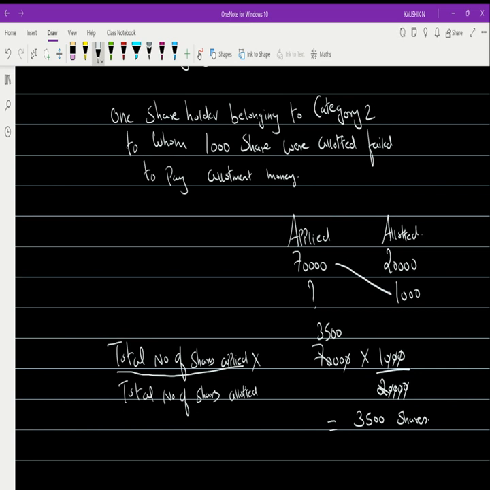It is referring to a particular shareholder, right? Into number of shares allotted. Okay, it is not total number of shares. You cannot say it's total, it is only for a particular person. So number of shares allotted. Now you once again check your answer.